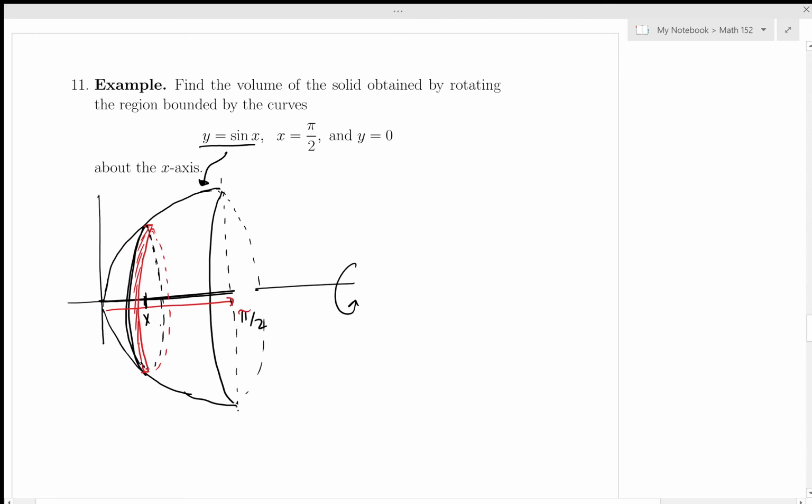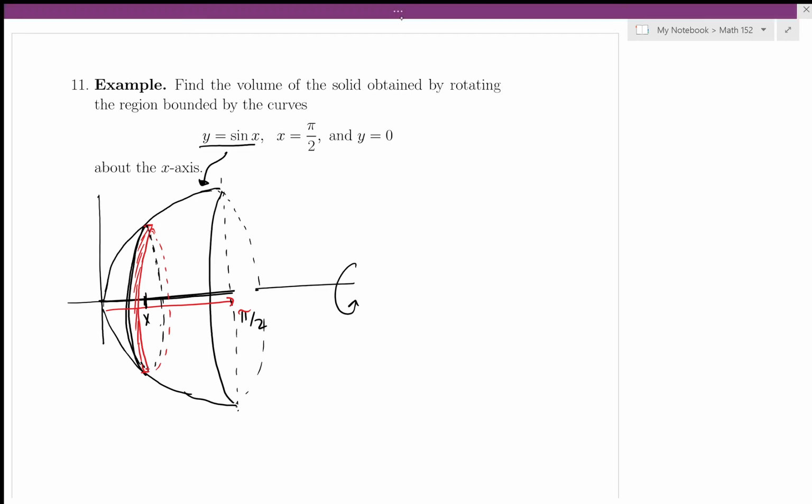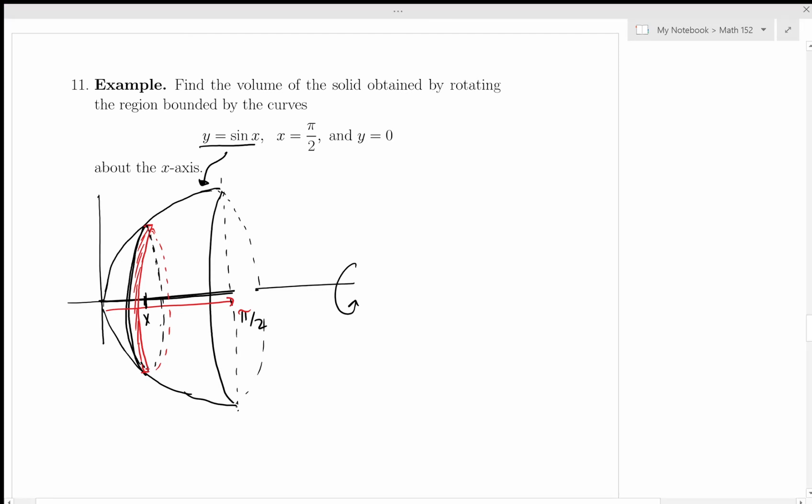Okay, so what is the area of my cross section? It is a circle, right? Because all of the cross sections are circular, so the area of my cross section is the area of a circle. I'm finding the area of the base of this little cylinder.